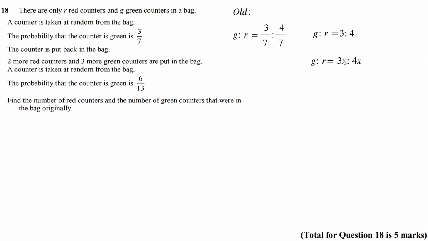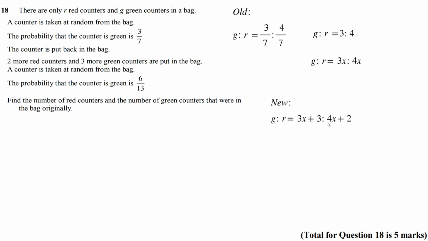So we have 3 lots of whatever number counters, and then we have 4 lots of whatever number counters for green to red. And now the new, we have the green counters, we're going to add 3 to them, and the red counters, we're going to add 2 to them. So new, we're going to have 3x plus 3, and for red, we're going to have 4x plus 2.